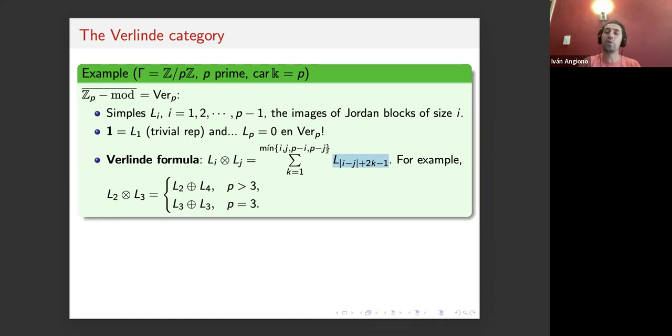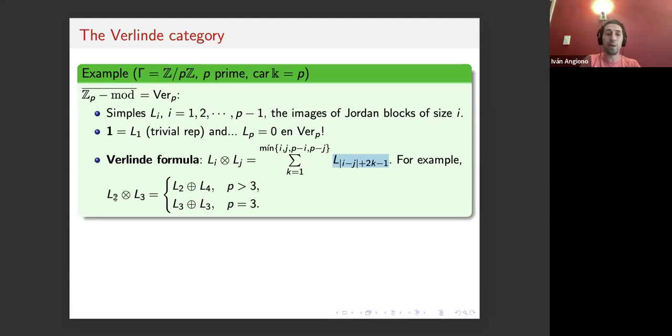So it means that when you are in the lower elements, 1, 2, 3, essentially the fusion rules are those of the Verlinde category. But when you move up close to p, then you start to cut some objects. This is the main thing.